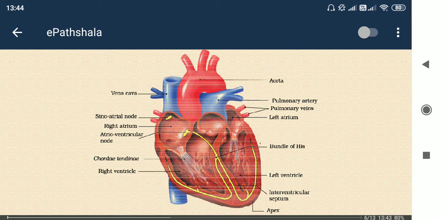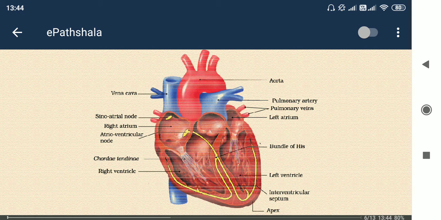From the atrioventricular node you can see a bundle coming out, known as the bundle of His. It runs from the right atrium to the interventricular septum, the space between the left ventricle and right ventricle, which is covered by the bundle of His.